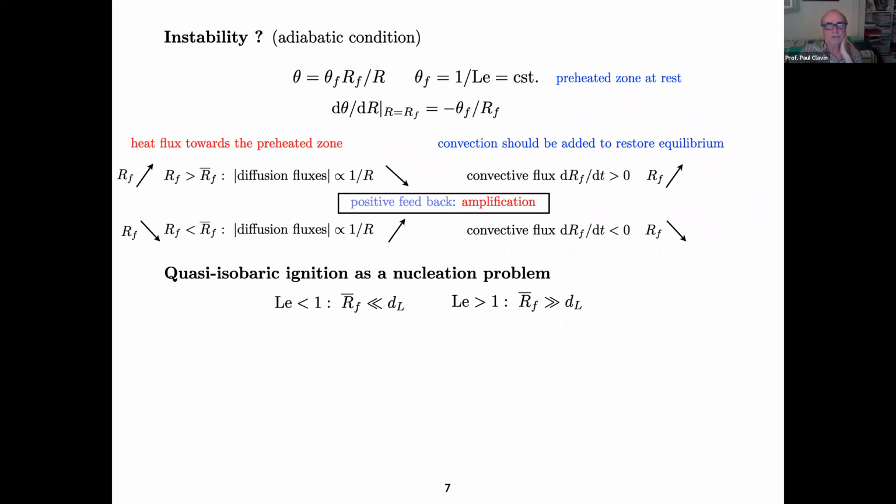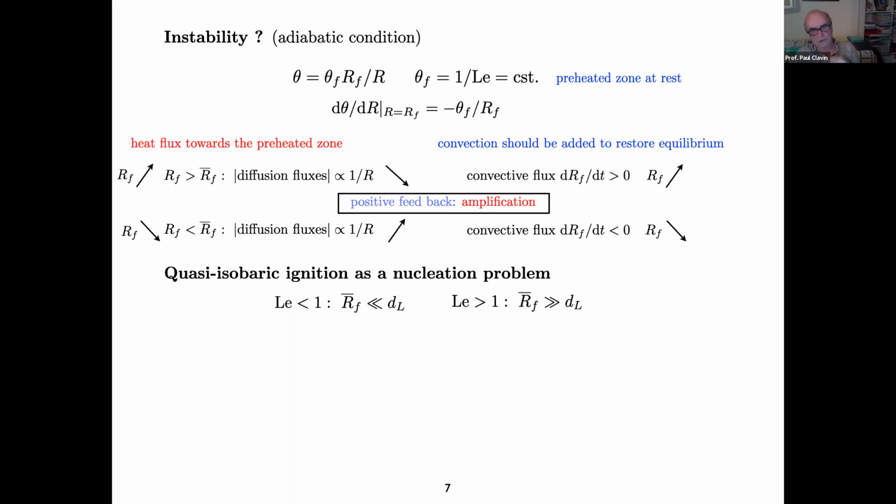Okay, but it is interesting. This solution is unstable. But what you can show is that when the radius decreases below this steady state solution, the radius goes to 0.